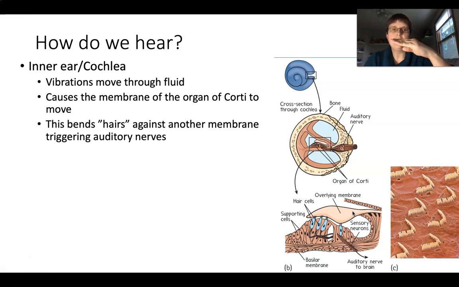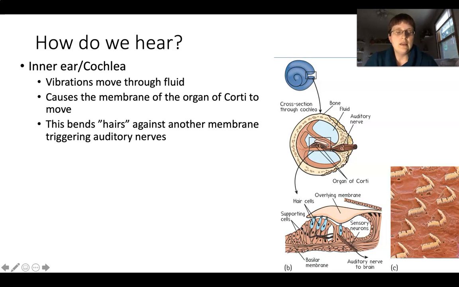Remember, the sound waves are going to have frequency, so how often they're doing their wave, and they're going to have amplitude, how big they are. And so the amplitude is going to move this membrane more or less, so bigger or lower, right? And the frequency is going to either jiggle it really fast or jiggle it slow, depending on what the sound is.